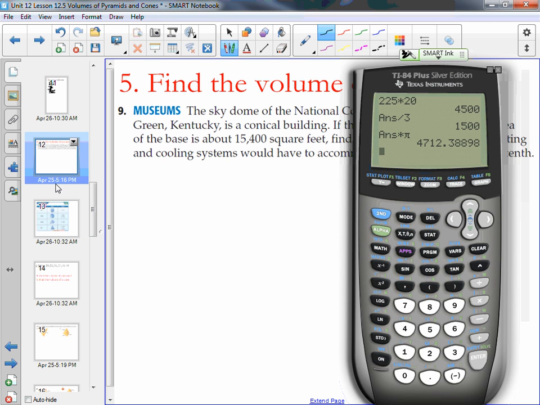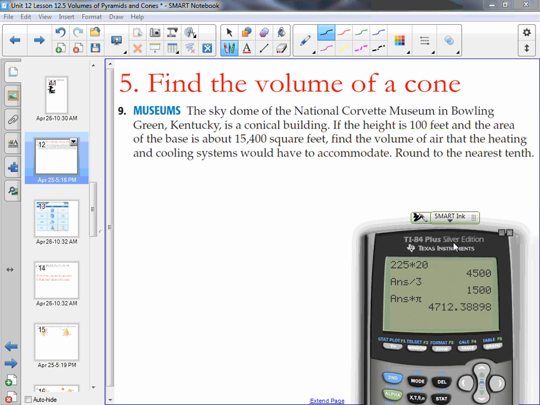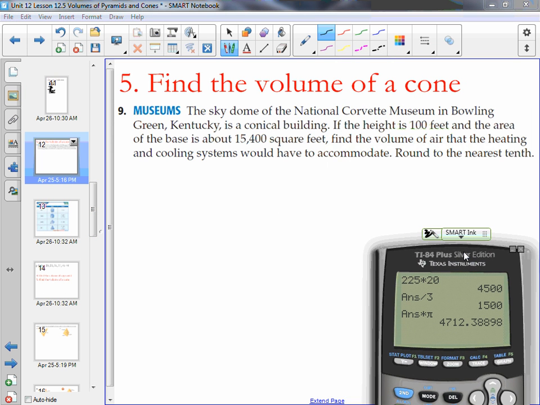All right. Number 9. The Sky Dome of the National Corvette Museum in Bowling Green, Kentucky is a conical building. If the height is 100 feet and the area of the base is about 15,400 square feet, find the volume of air that the heating and cooling systems would have to accommodate.